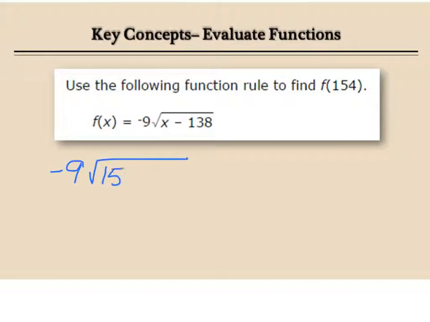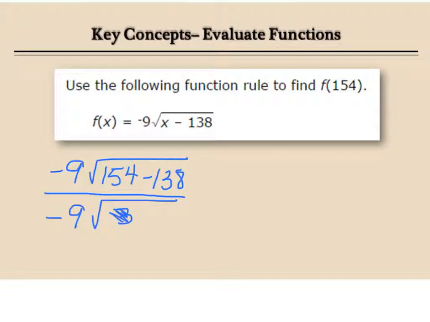X is 154 minus 138. When I put that in my calculator, you can put it in all just like you see it, or you can do one step at a time. You can do the square root. When you subtract those numbers, you get 16. The square root of 16 is 4.